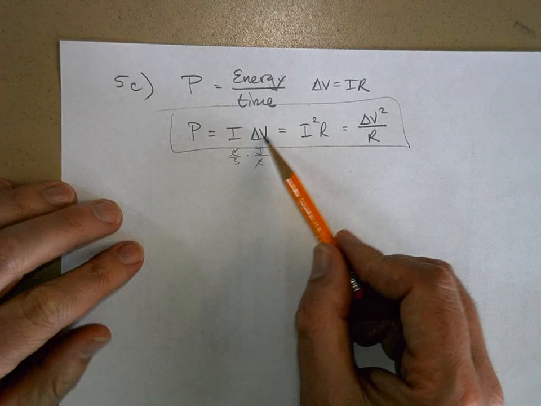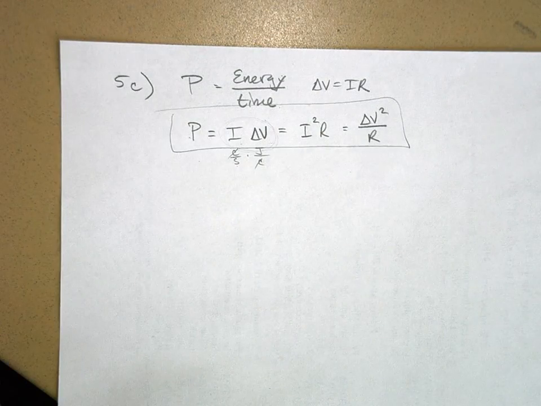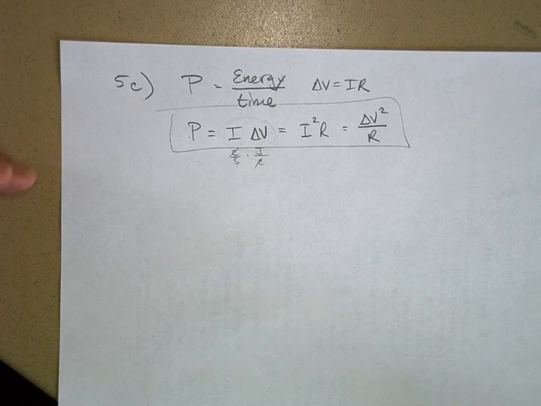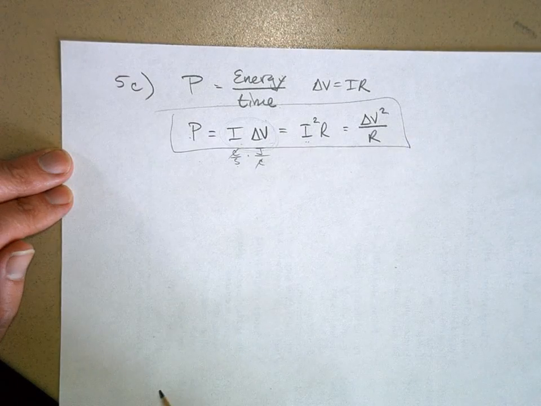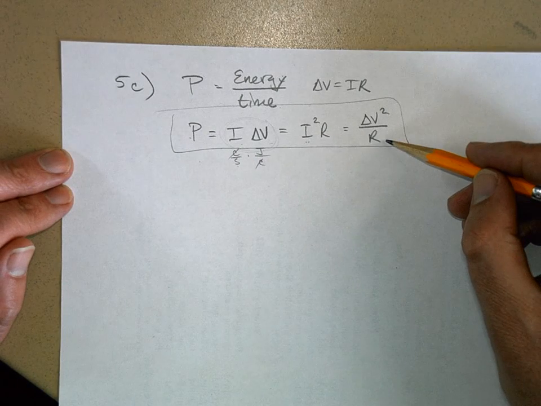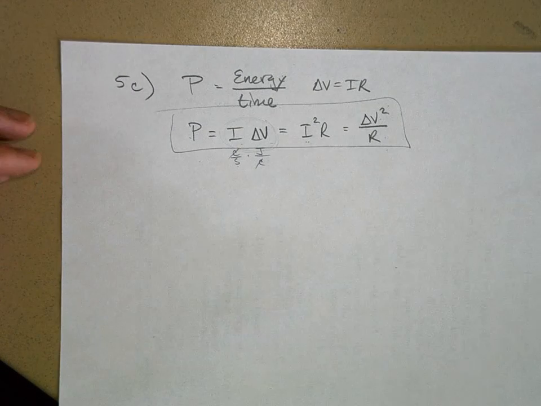This is the power put in by the battery, and these two are the power that comes out of the circuit through a resistor. If you know the current in the resistor, go I squared R. If you know the voltage drop across the resistor, go delta V squared over R. And you've got the power.